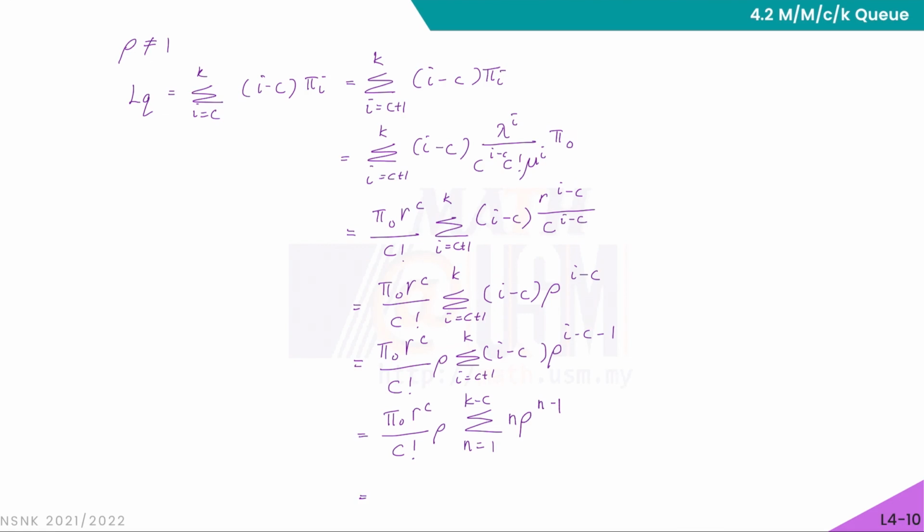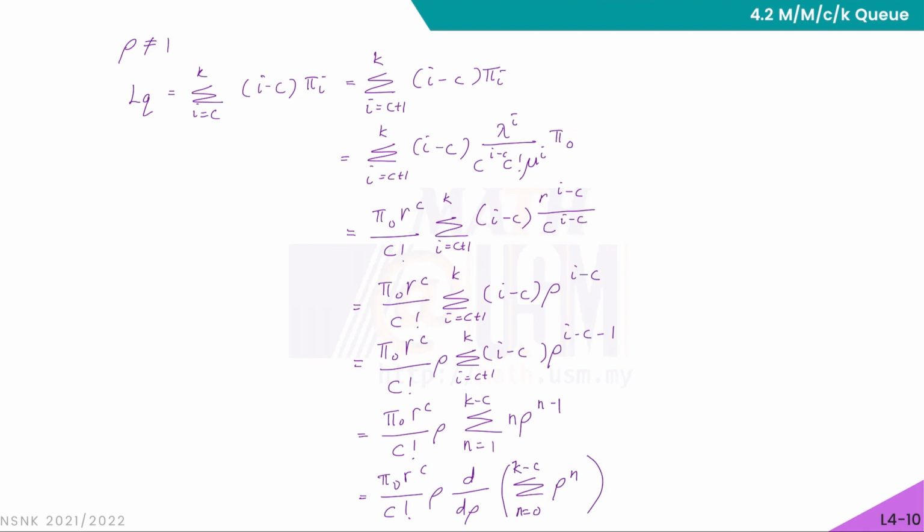Next, basically the summation term here, we're going to use the derivative. This is basically the derivative of the summation of n equals 0 until K minus c of rho to the power of n.